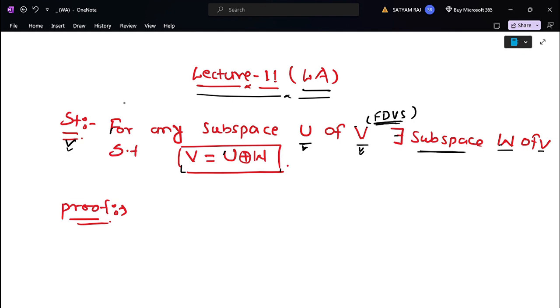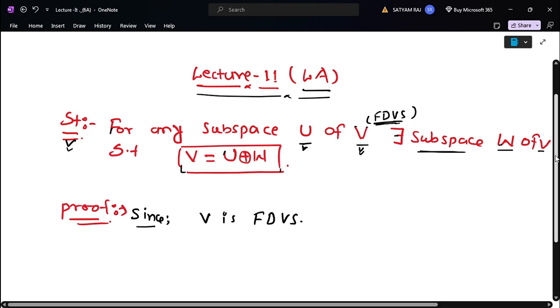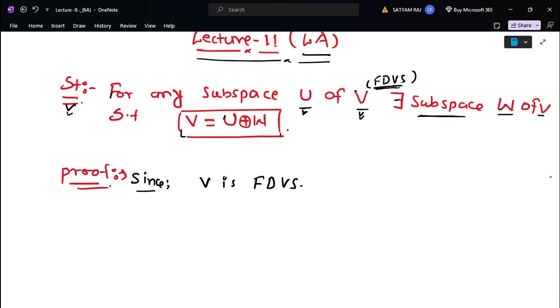Okay, since V is a finite dimensional vector space, the cardinality of its basis will be finite.